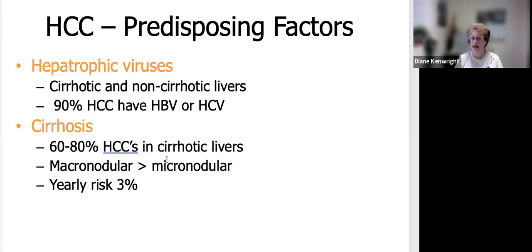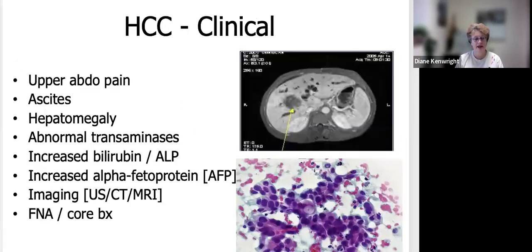It occurs mostly in cirrhotic livers and presents with the triad of upper abdominal pain, ascites, and enlarged liver. You can feel the irregular rocky liver, and it has characteristic abnormalities in its liver enzymes.